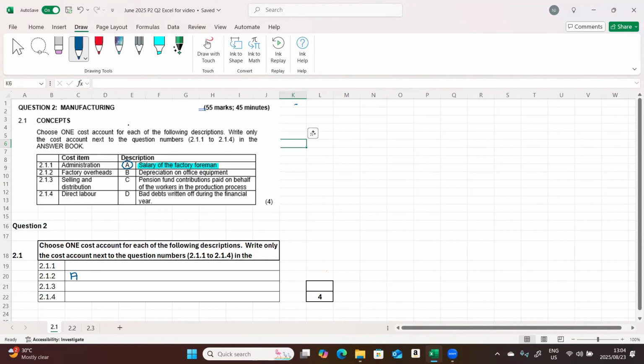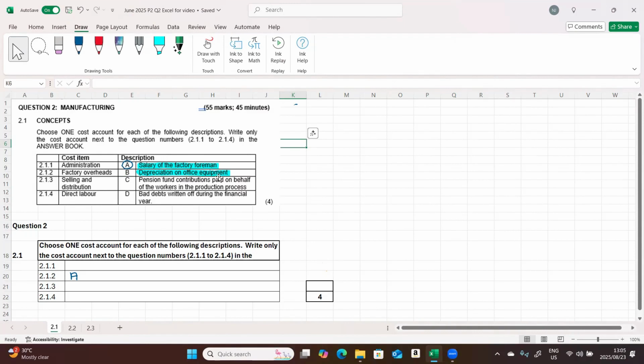Okay, perfect. Then we go to number B. Let's highlight number B. This is depreciation on office equipment. Depreciation is the expense, the cost account specifically.